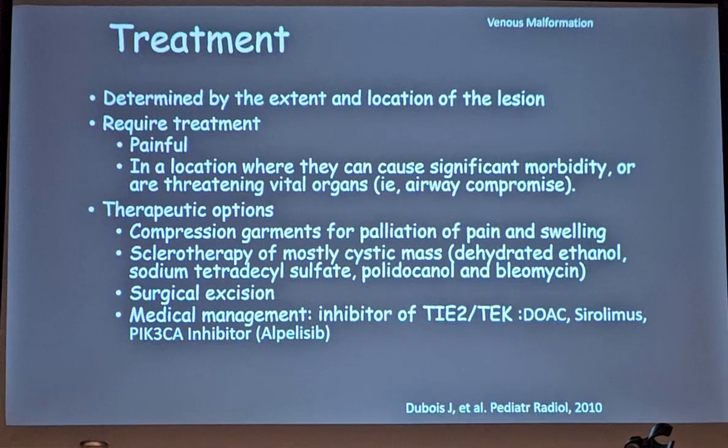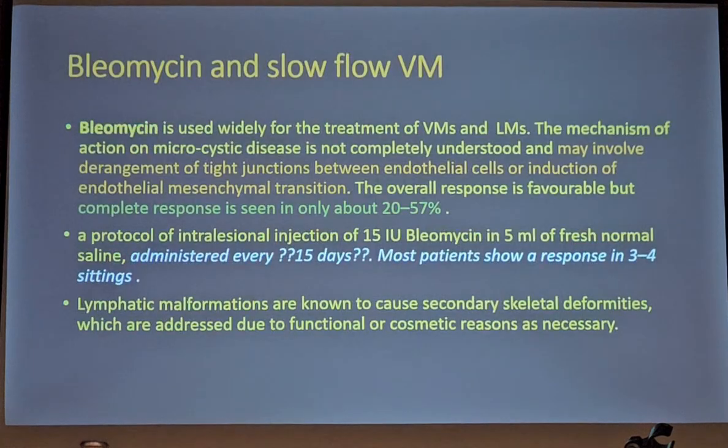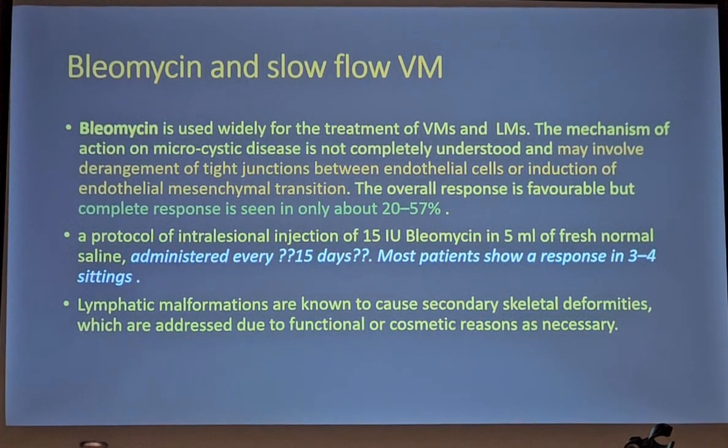So we used to start the treatment with many types of sclerotherapy, including the very high potential absolute alcohol by that time. And sometimes we work with the surgeon to do this treatment. Talk a little bit about bleomycin. I think bleomycin is now widely used.